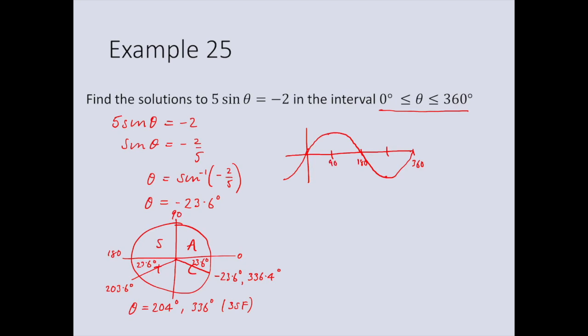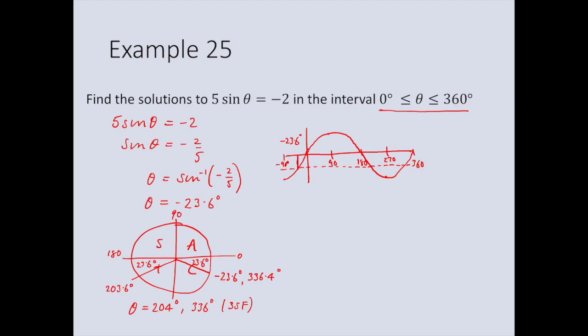That's 90. 270. That would be minus 90 degrees. And if we think about where minus 2/5 would be, maybe something like this. Come across here like this. Okay, so there's our first answer that the calculator gave us, which was minus 23.6 degrees.